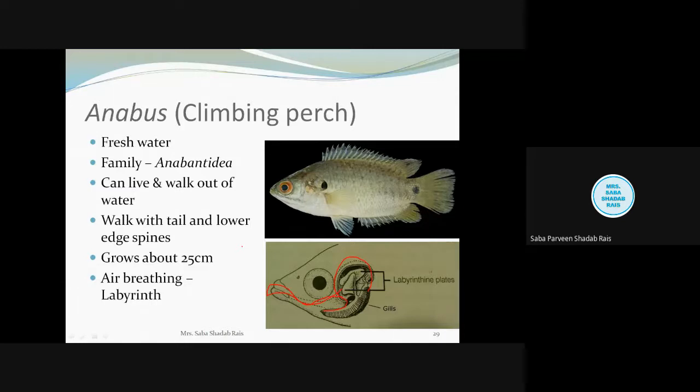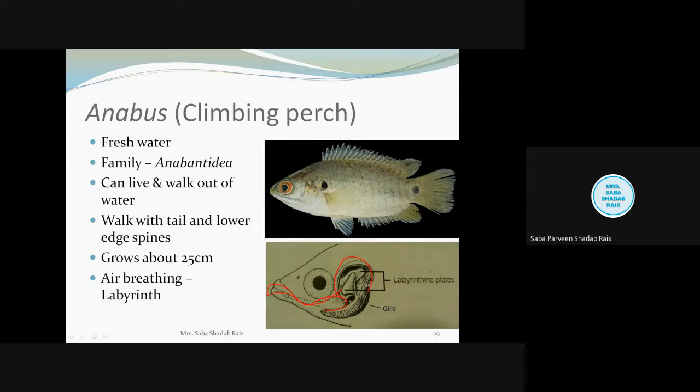The air will enter from the buccopharyngeal opening and go out through the external gill slits, because now it will not enter the normal gills. They have the external gill slit and the entrance of the buccopharyngeal cavity, and all this is controlled by a special valve.